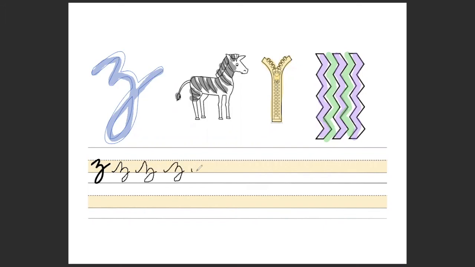What are some words that start with Z? You can zap something. You can visit the zoo. What else can you do? If your name is Zachary, your name starts with a Z. Where do we have a student named Zachary?